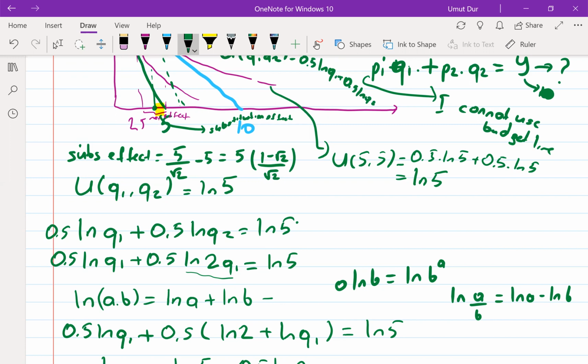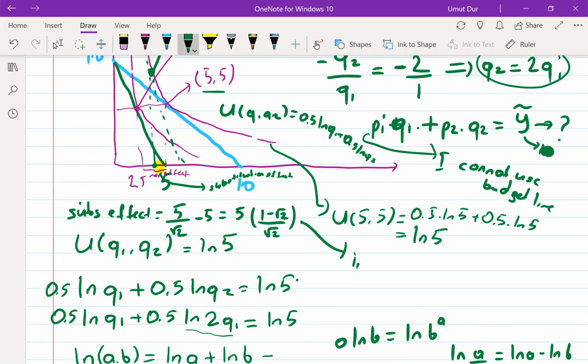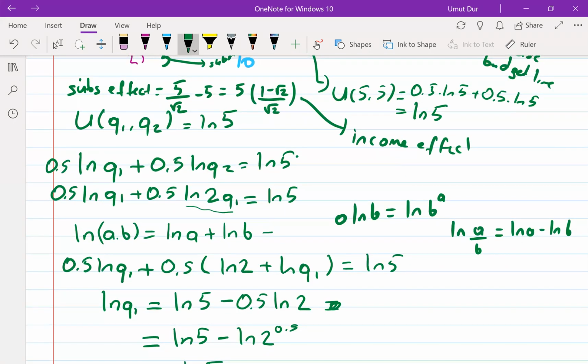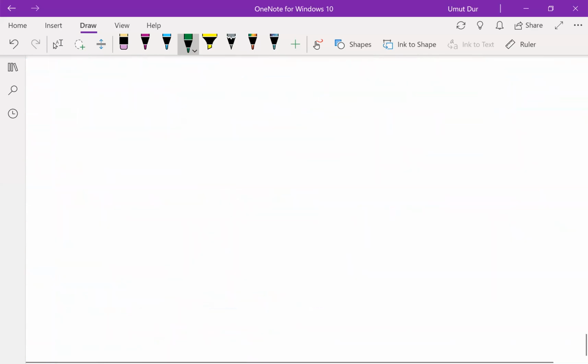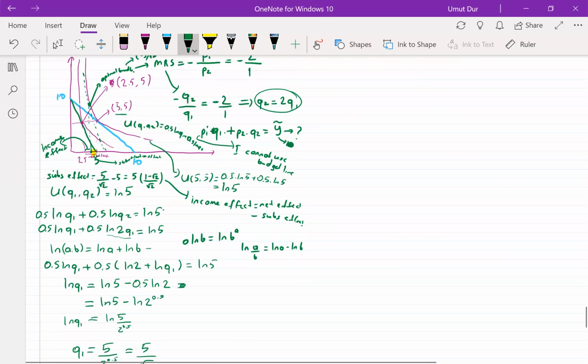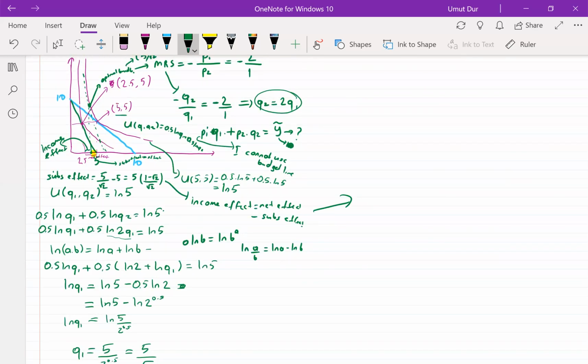Okay, then my income effect. So this remaining part, this is the income effect. It will be the net effect minus substitution effect. Here the net effect is, what was the net effect?